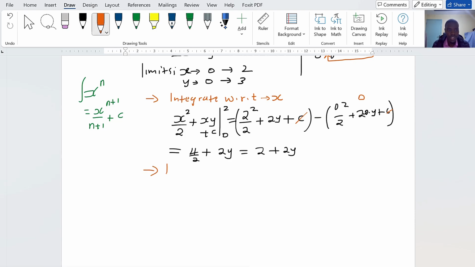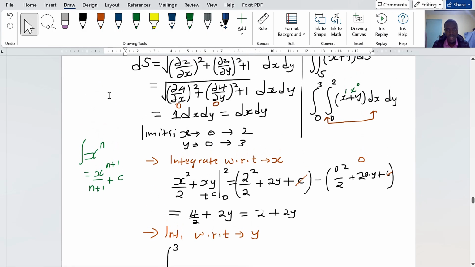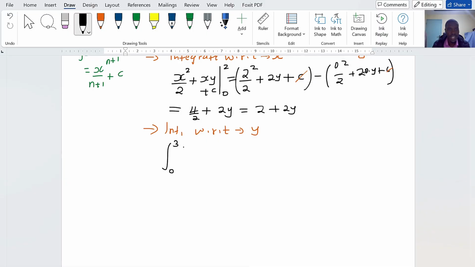Now we are going to integrate with respect to y. So we are going to have the integral from 0 to 3, the outer one which was y, 0 to 3, of 2 plus 2y, but now dy, because that is what we have.